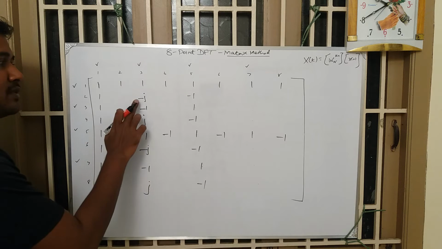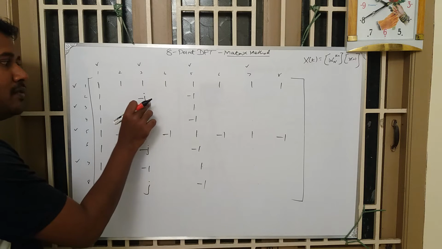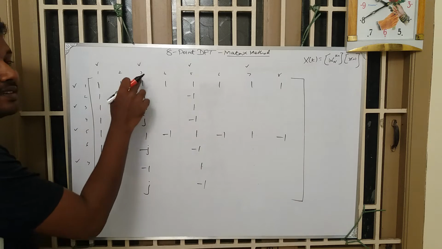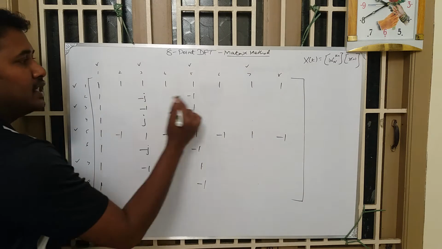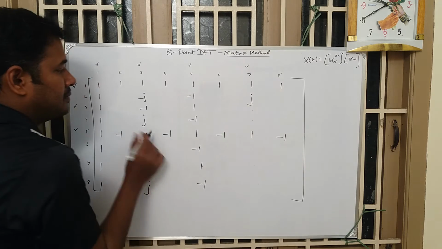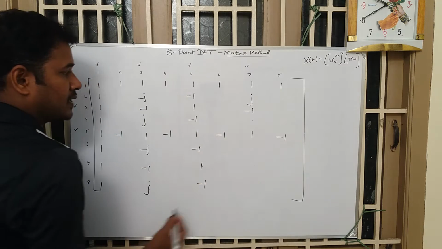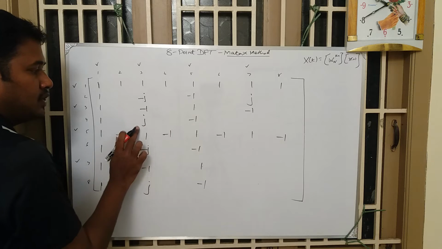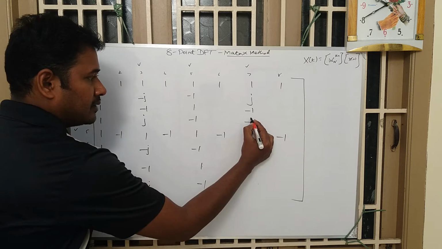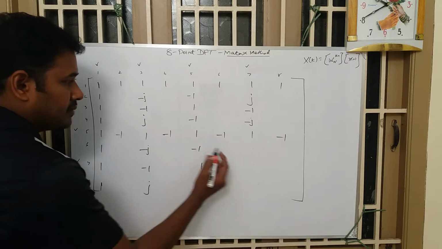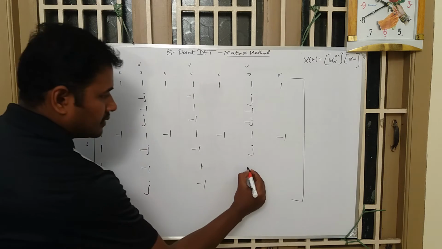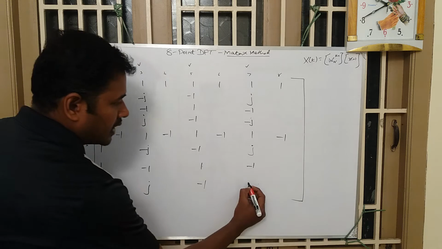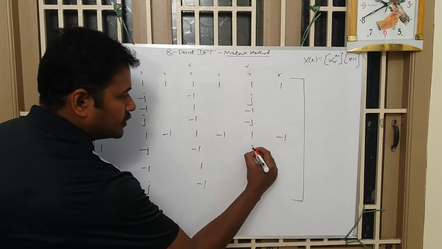Conjugate in the sense you need to take the conjugate only for imaginary values and not for the real values. So 1 will stay as such, minus j will become plus j, minus 1 will be minus 1, j will be minus j, 1 will be 1, minus j will become plus j, minus 1, minus 1, j will become minus j.